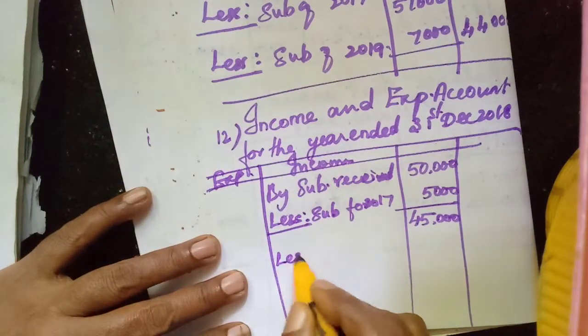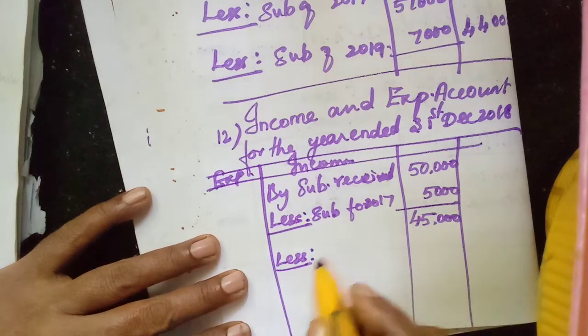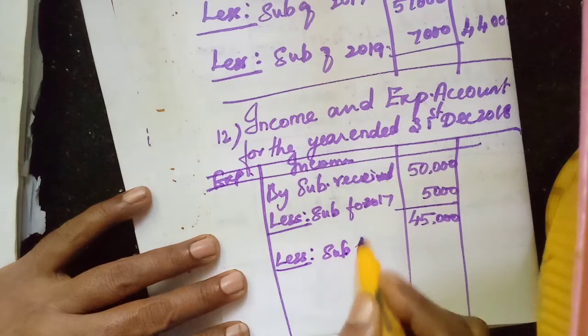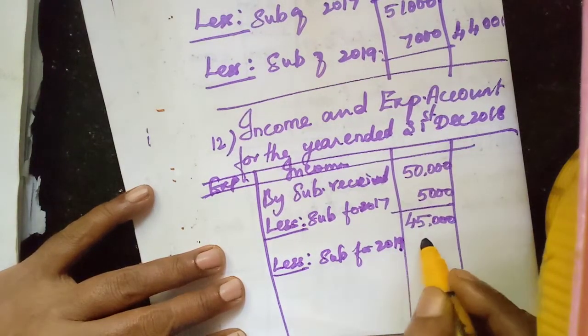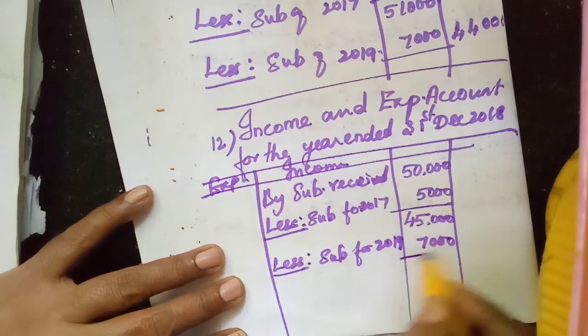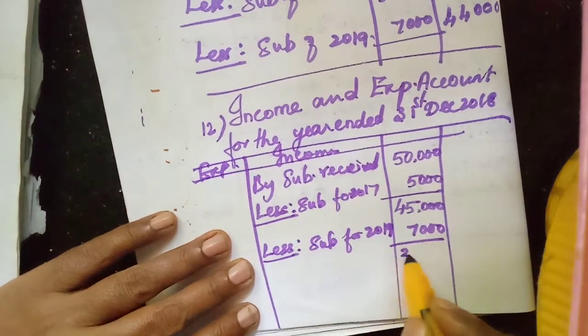And less 7,000 for 19, so subscription for 2019, 7,000. So 45 minus 7, 38.